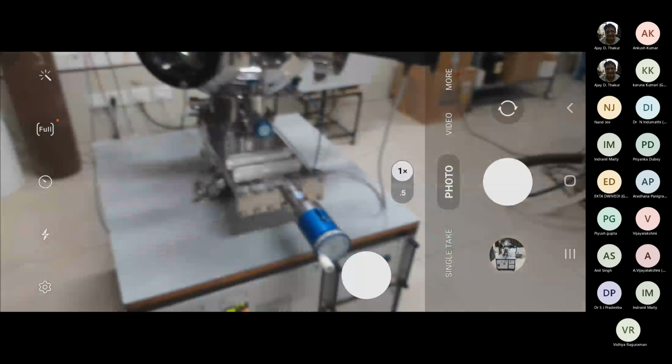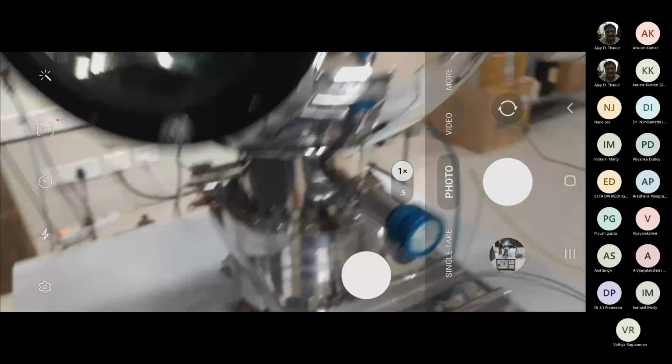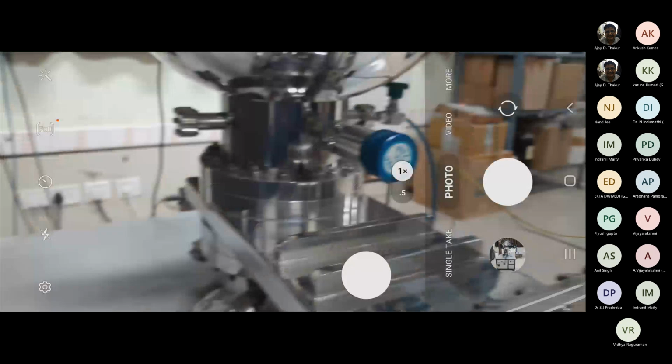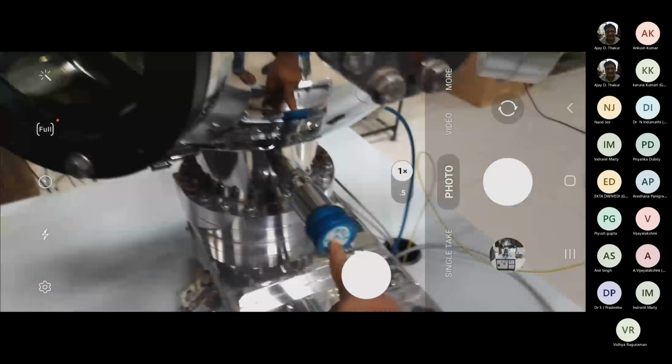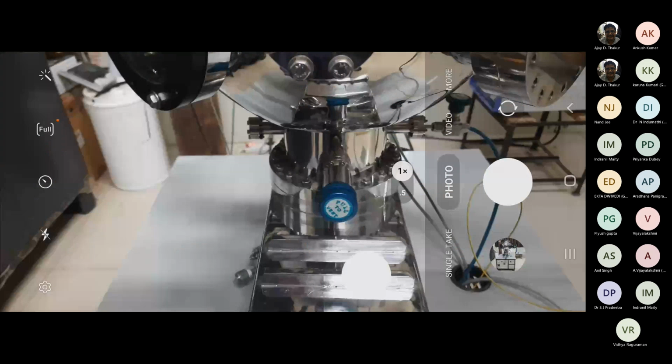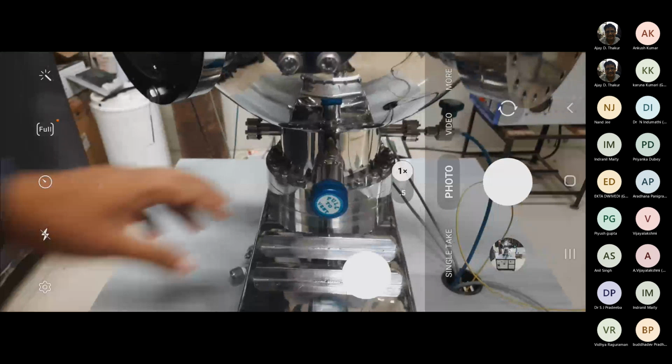This is the stage which was involved, and it is this double stage turbomolecular pump. And then this is the vent where we can purge the outside environment air. And this is also a vent. By opening it, we can also purge gas to this roughing valve section, roughing stage section.